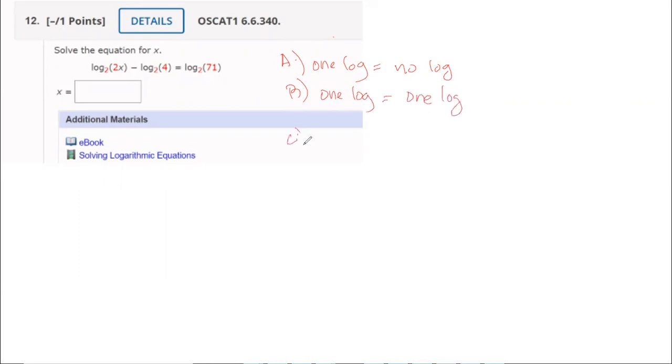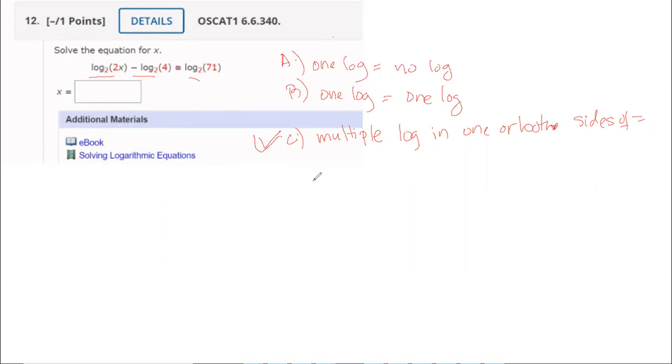And situation C will be multiple logs on one or both sides of the equal sign. So let's check. This is the equal sign. How many logs on the left side? 1, 2. And on the right side, you have 1. So you have 2 logs here. So this has got to be situation 3, or type 3.